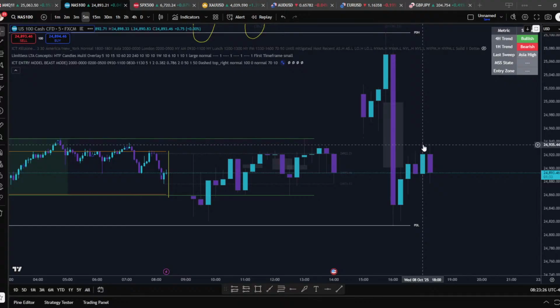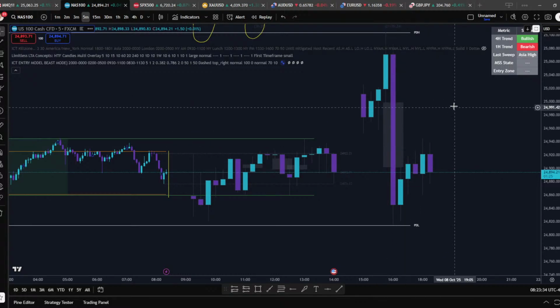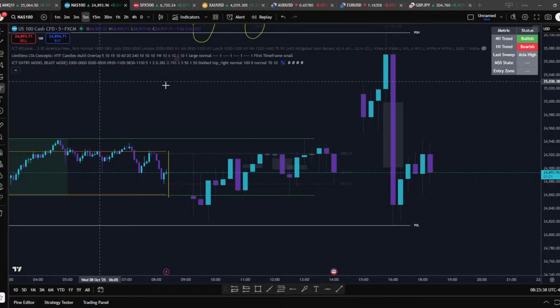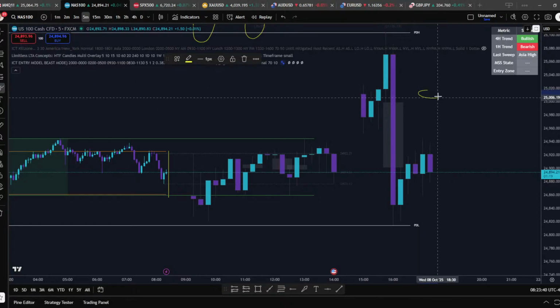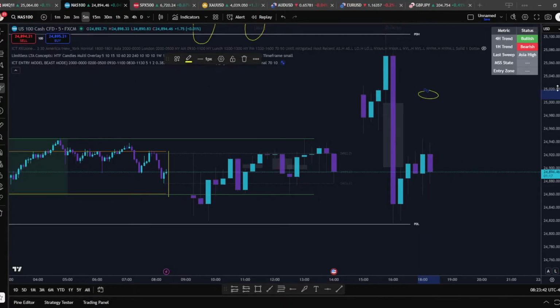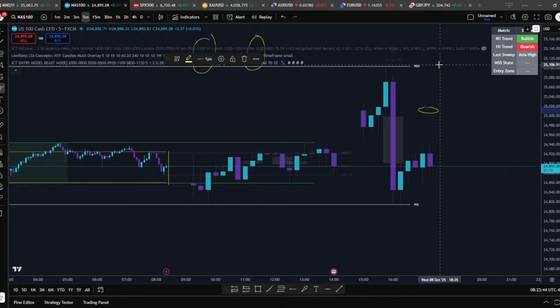We now have to say, okay, where is the next liquidity that this could potentially go to? Since it's not inversing the 4-hour, because if it was inversing and closing up here somewhere, okay, so if it closed here, that's inversing the fair value gap, then we could target all-time highs, okay?